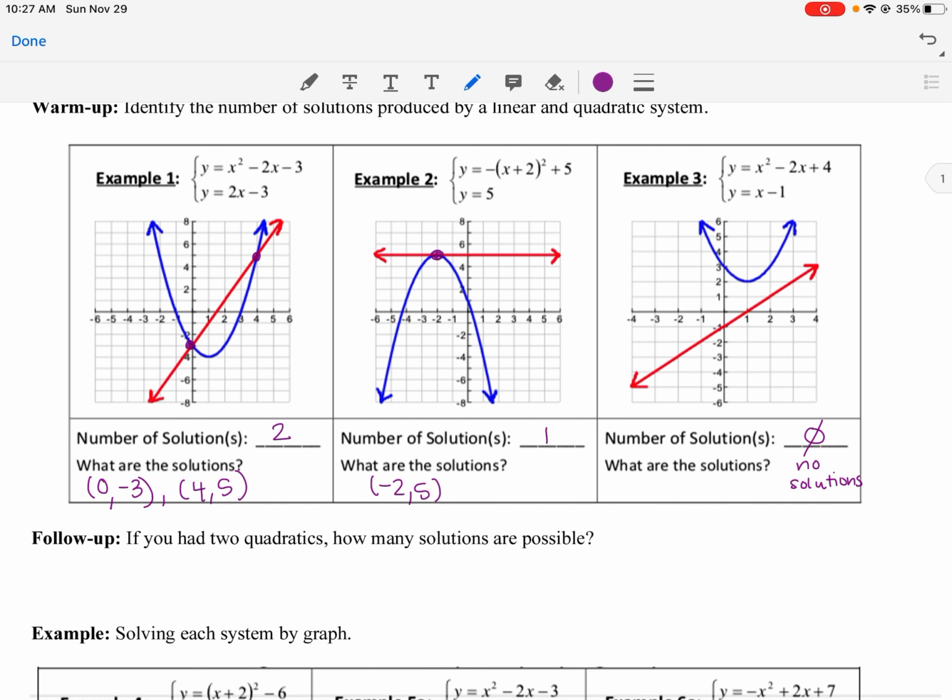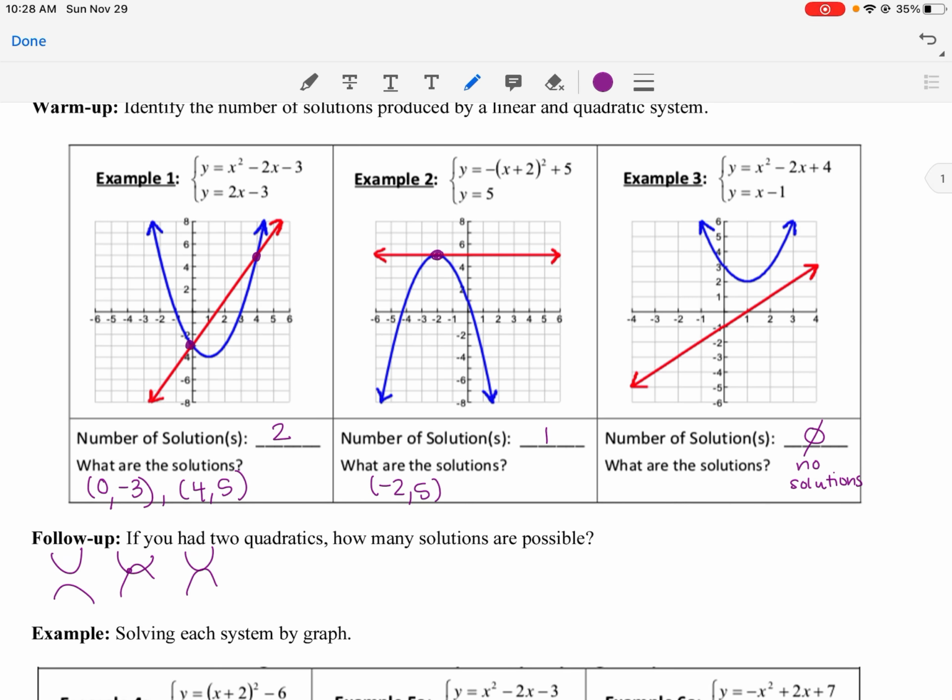So I'm going to make you think for a moment here. So in the past, when you just have 2 lines, we either say there's no solutions or there's 1 solution or there's infinite. But if you had 2 quadratics, so 2 U-shapes, what is the possibility of how many times they could cross? So you could have something where there's no solutions, like this first one.